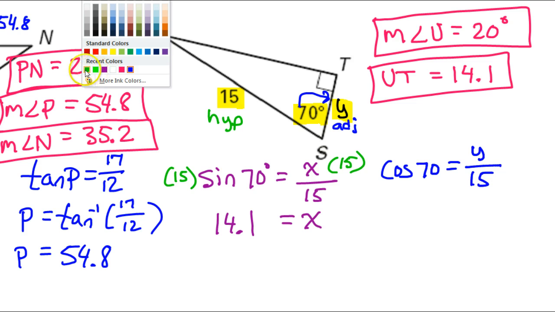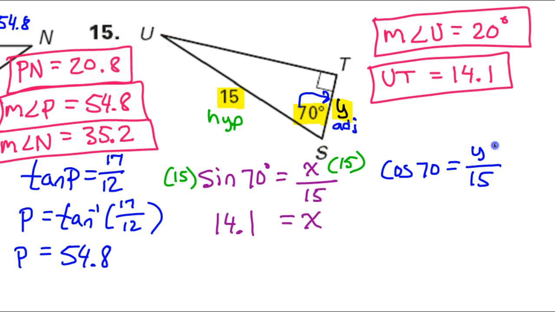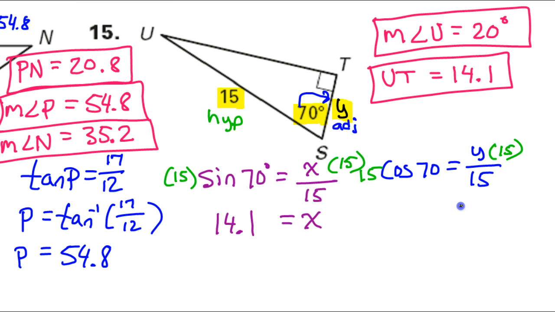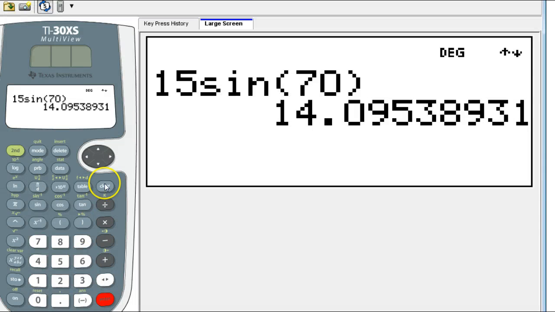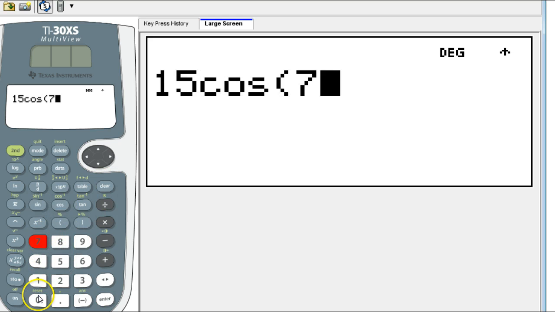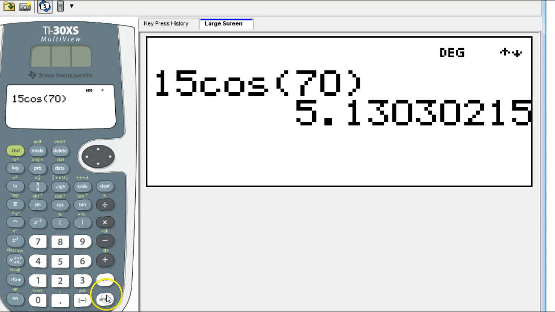Okay, so to solve this, I just need to multiply both sides by 15. Okay, so those would cancel out. So that is going to give me y equals 15 cosine 70. So that is 5.1.